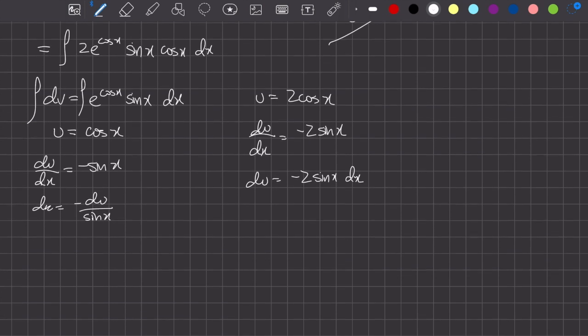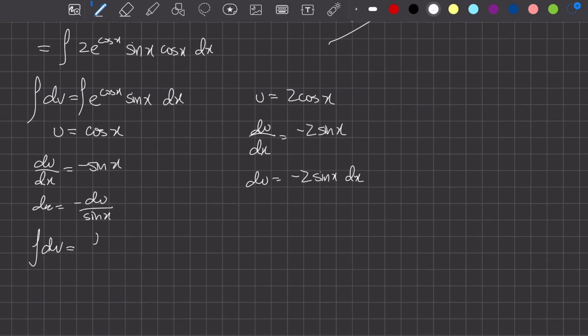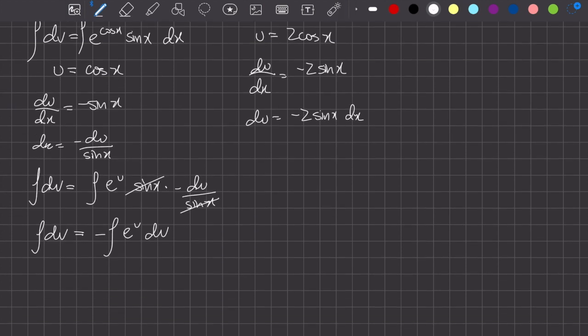Plugging it back in, we get e power u times sine x times negative du over sine x. The sine x cancel out. We can write the negative outside of the integration sign, and integrating e power u just gives e power u. Converting this back in terms of x, we have negative e power cos x.